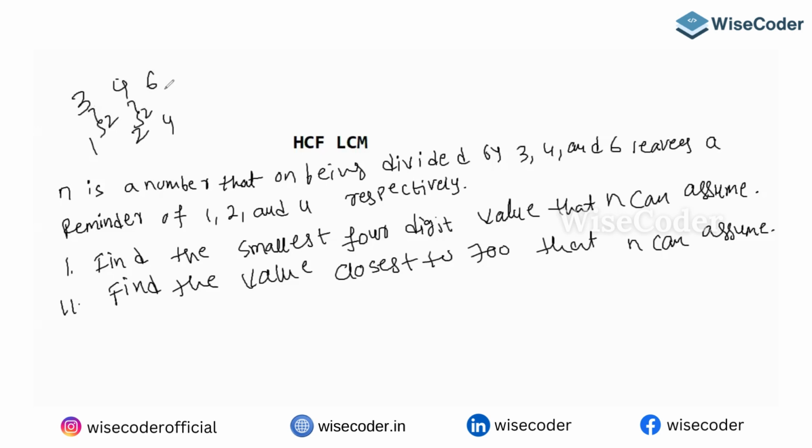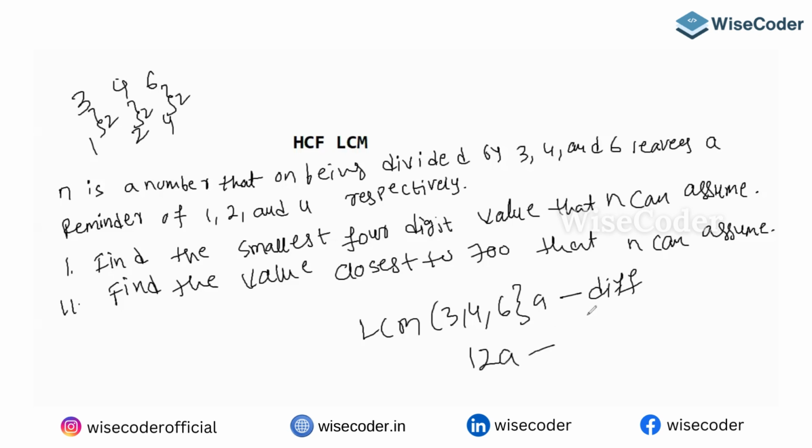What is the difference here? 2. What is the difference here? 2. Since the difference is the same, you need to find the LCM of 3, 4, 6, minus the difference. What is the LCM of 3, 4, and 6? LCM is 12. Minus the difference, which is 2. So this is the actual form.